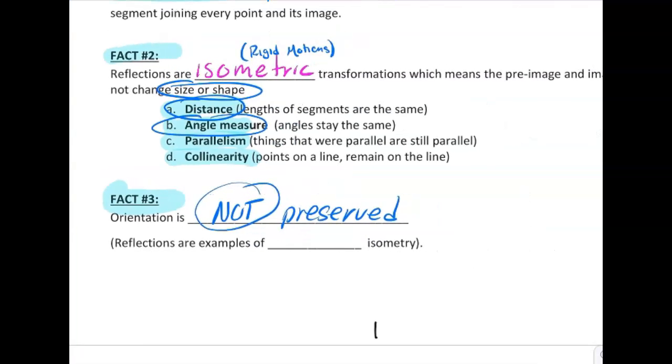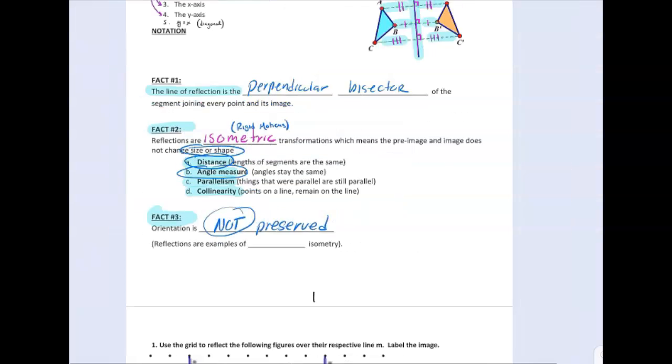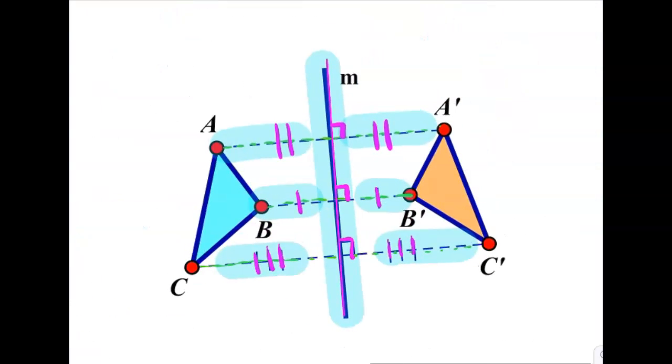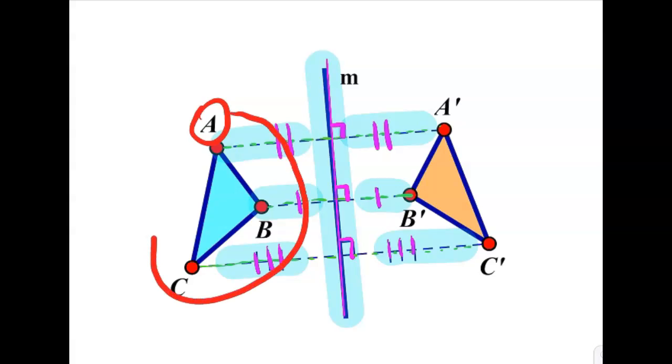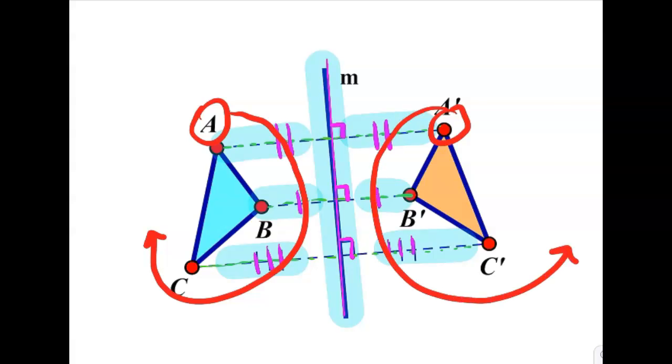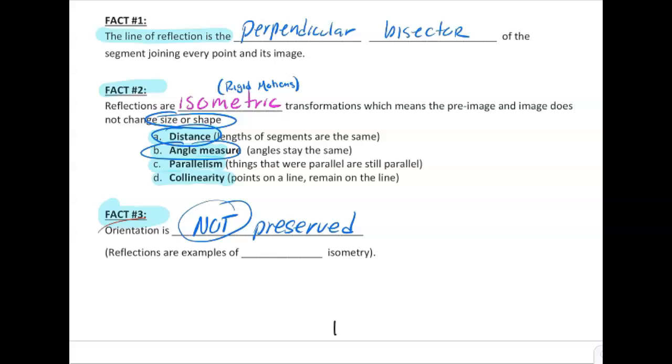But if you remember, let's go up to this example again. If I go A to B to C, I went clockwise. If I take the image after I've reflected it, and I go A to B to C, I go counterclockwise. So that shows that orientation was not preserved.